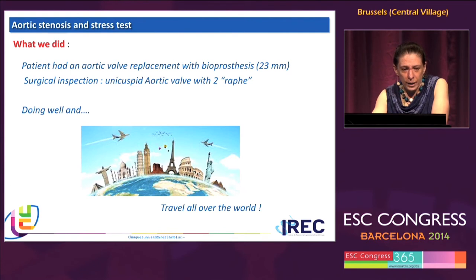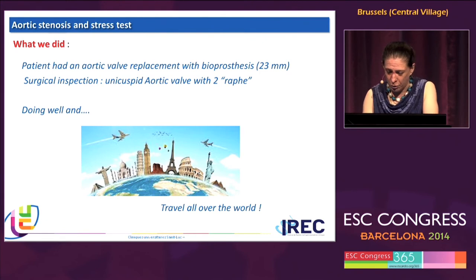The surgical inspection showed a unicuspid valve with 2 raphes. One of the points is the wish of the patient, because this patient is young, very active and travels a lot, and said, I want to have my problem solved now so I can continue my life. And he's doing well and traveling all over the world now.